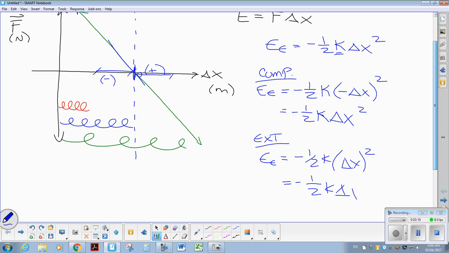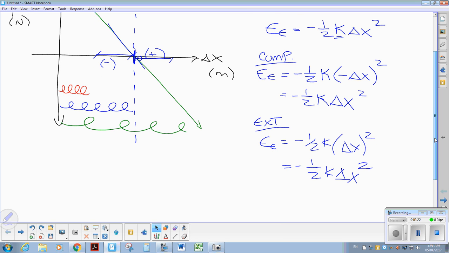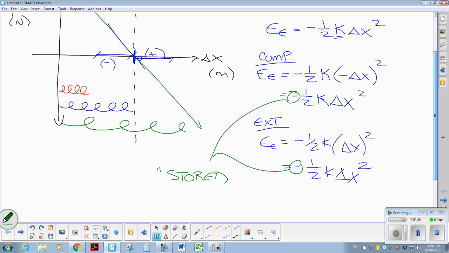So why are we ending up with the exact same result, and what does that negative really mean? Well, that negative sign appearing in both simply means stored energy.